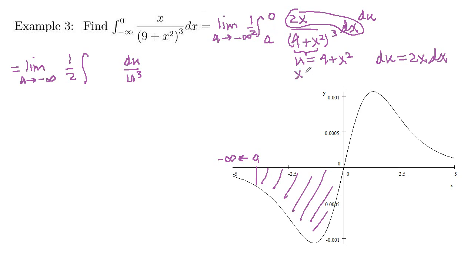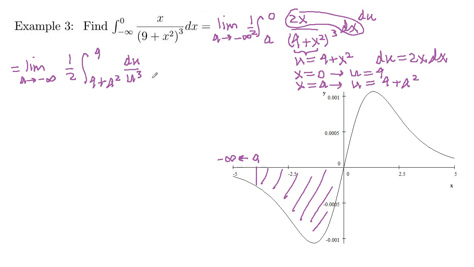So if x is equal to 0, then plug that in here. 9 plus 0 squared, u will just equal 9. And if x is equal to a, plug that in for x, so u would just be 9 plus a squared. So our lower limit is 9 plus a squared, and our upper limit is 9.